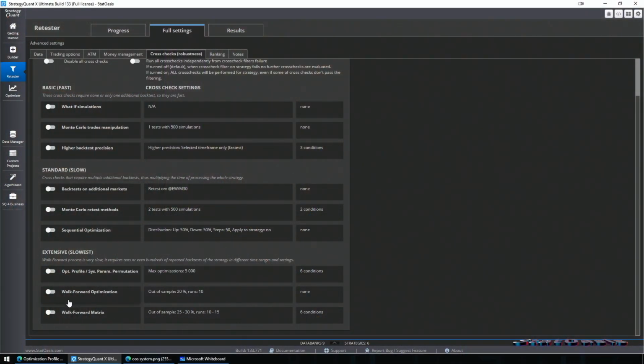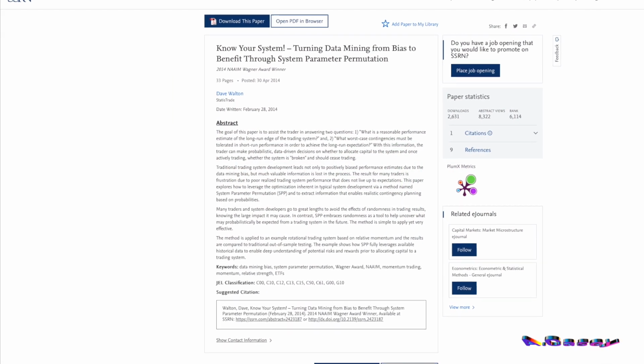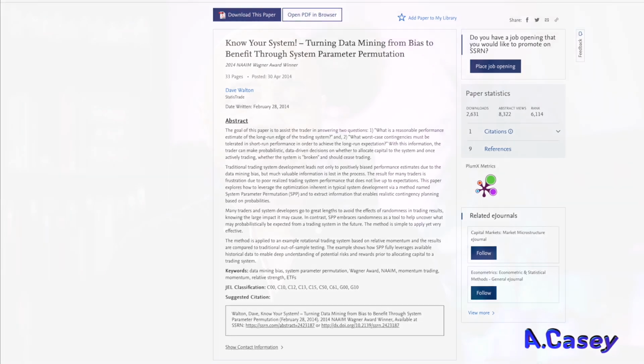And then we have the walk forward and walk forward matrix. But like I mentioned, I'm going to emphasize SPP right now. So what is SPP? SPP was invented by Dave Walton. He actually won the Wagner Awards for it in 2014. It's based on a white paper, and you can find the white paper on SSRN. Now, SPP is actually a simplified version of stochastic modeling, which is used heavily by insurance companies and sophisticated hedge funds.